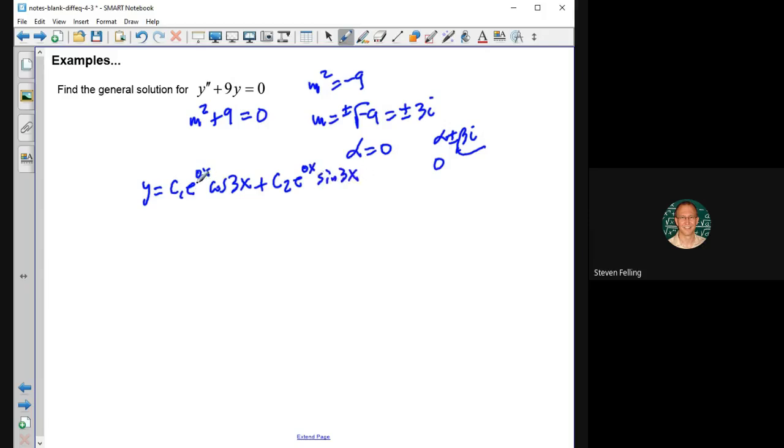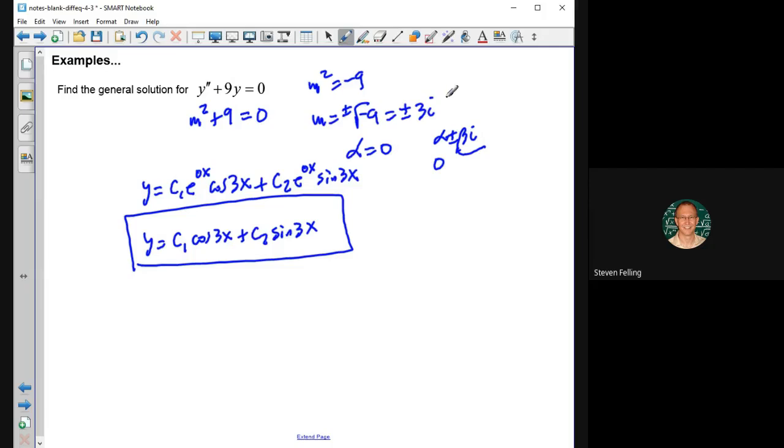But since e to the 0 is 1, we would just write this as c1. This is just a 1 here, so it's just c1 cosine of 3x plus c2 sine of 3x. So this is the solution when we have a purely imaginary root from the auxiliary equation.